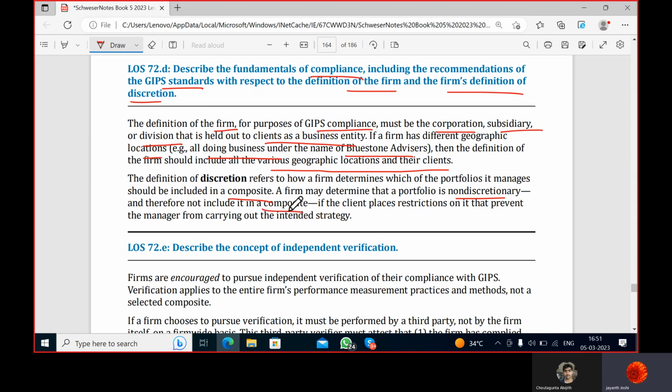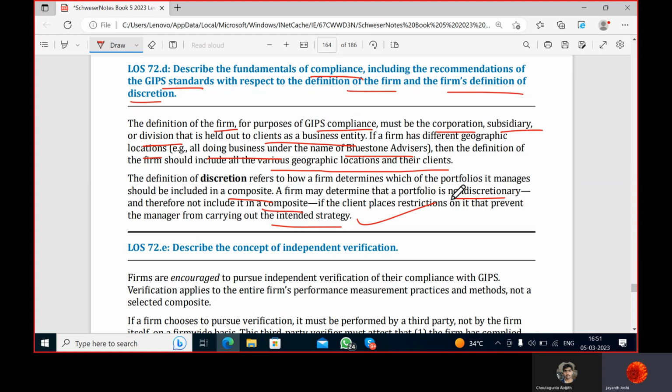That means if they can manage it, they can put it in the composite. If they want to make a large cap fund, what they want to include, they will include, and something they want to exclude, they'll exclude. That is non-discretionary, isn't it so? Yeah. So if the client places restrictions that prevent the manager from carrying out the intended strategy.